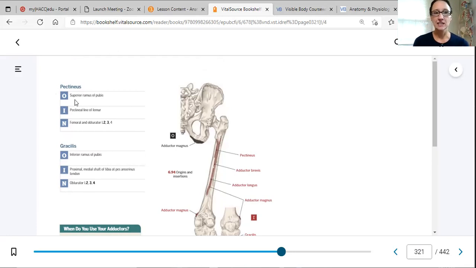Well, pectineus is considered the groin. And if somebody does have a groin injury or high adductor strain, you may need to work high up in the adductor area. So we'll really have to pay attention to our draping when we're working in this area.